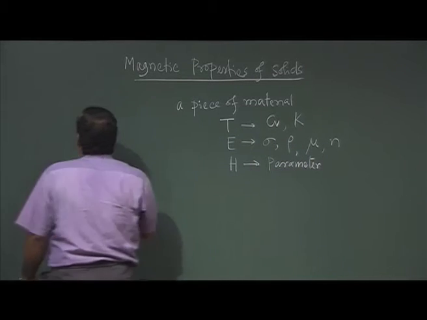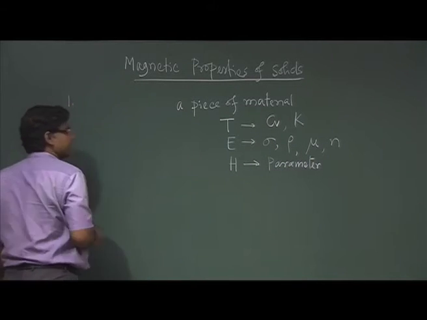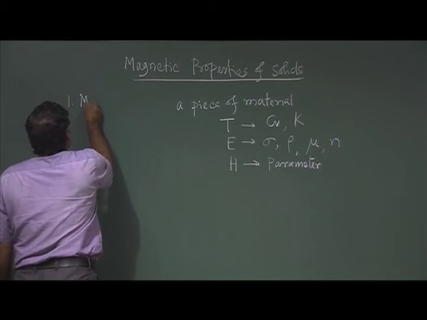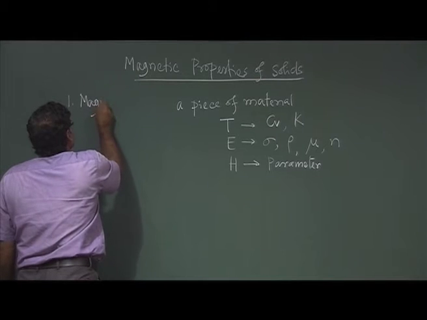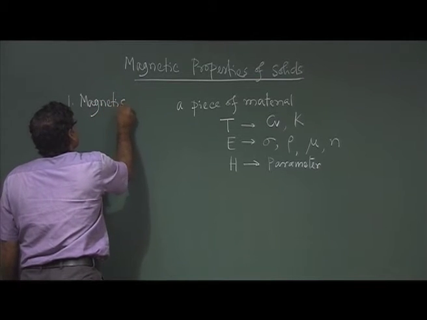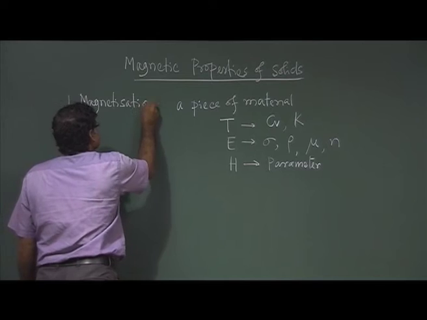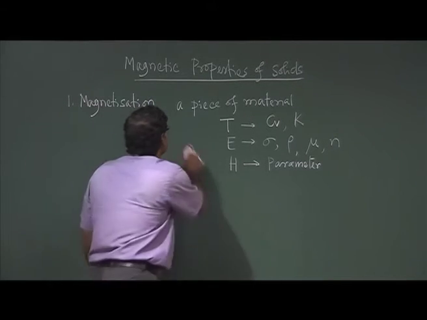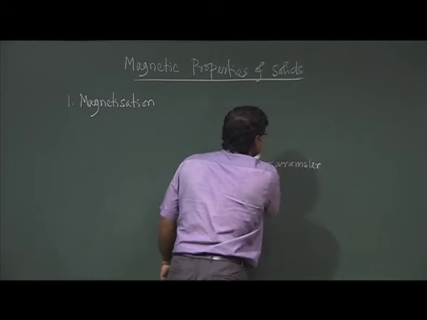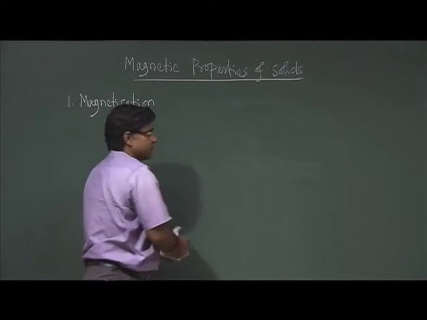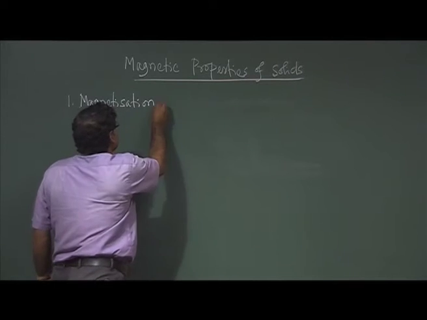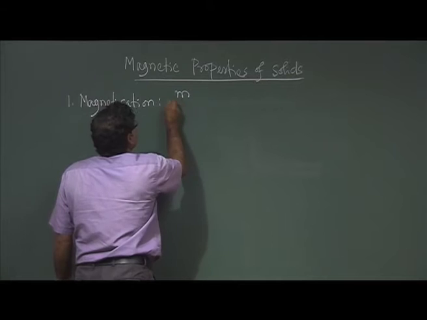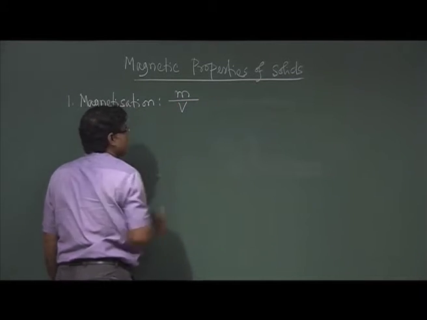So, these parameters, one is magnetization. Magnetization of this material is defined by the magnetic moment per unit volume.